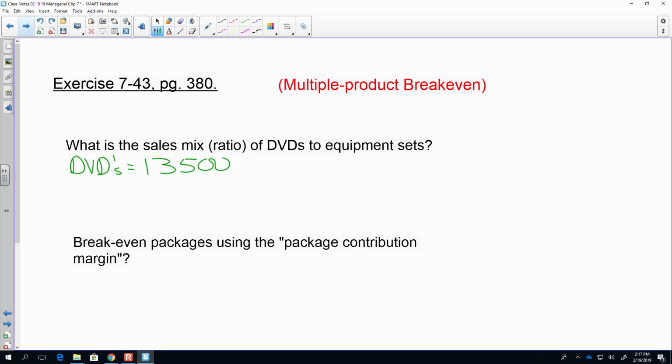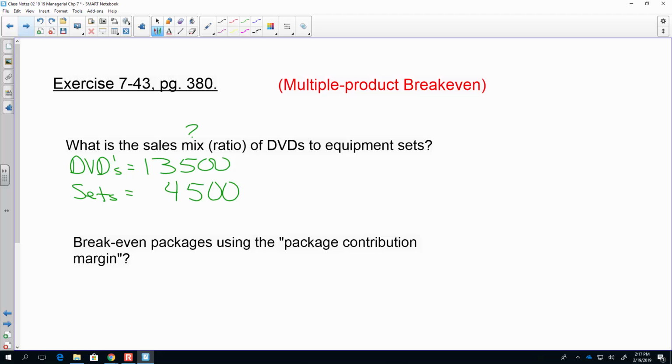And they sold 4,500 sets. The question is, what is the mix? Now you certainly can use this large number.